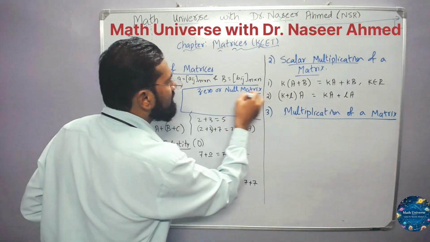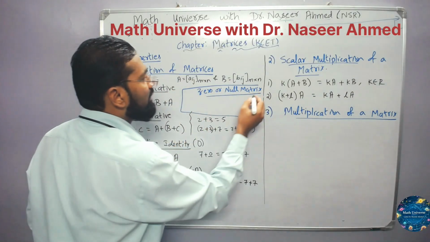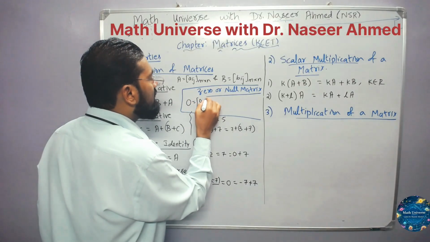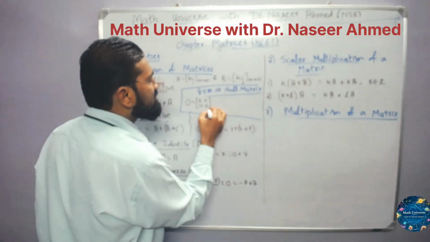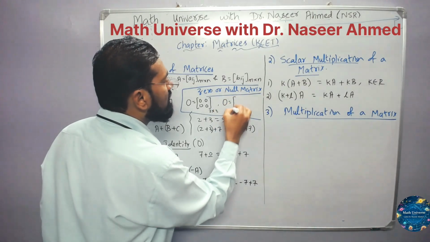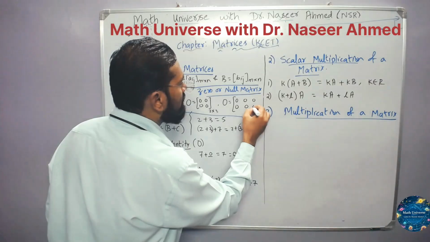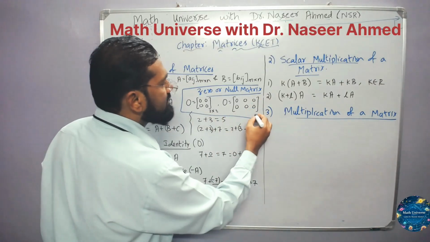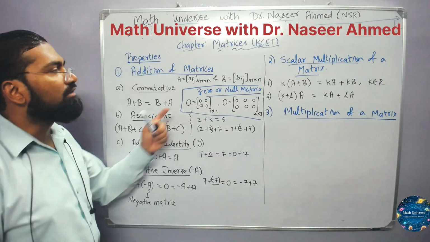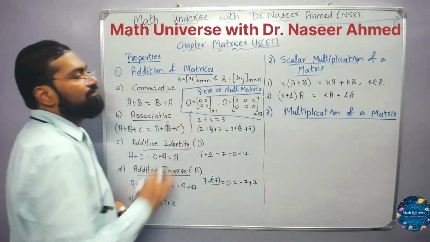The zero matrix is denoted by capital letter O, and all the elements should be zero. Only then we say it is a zero matrix. It can be 2 by 2, with 0, 0, 0, 0, and so on. It can be a square matrix and can also be a rectangular matrix, where each and every element should be 0, given by capital letter O. Fine.